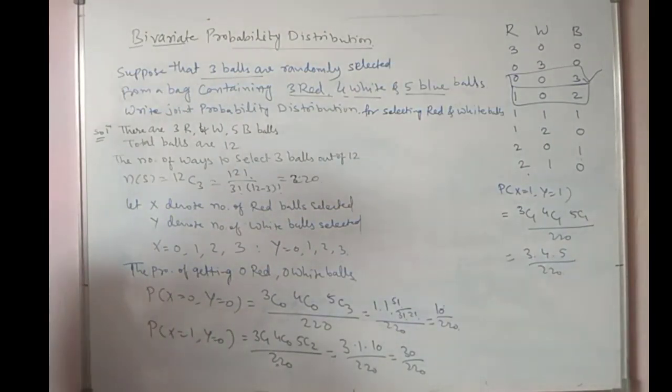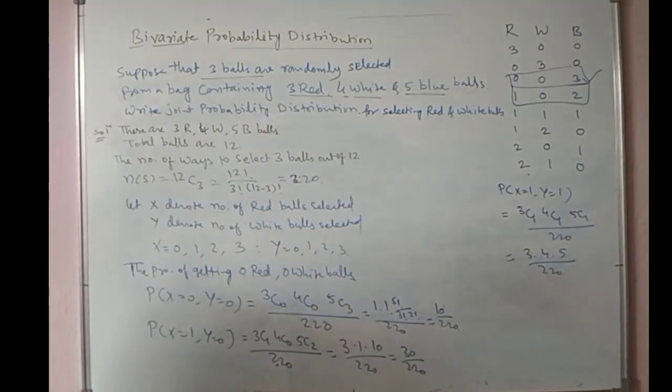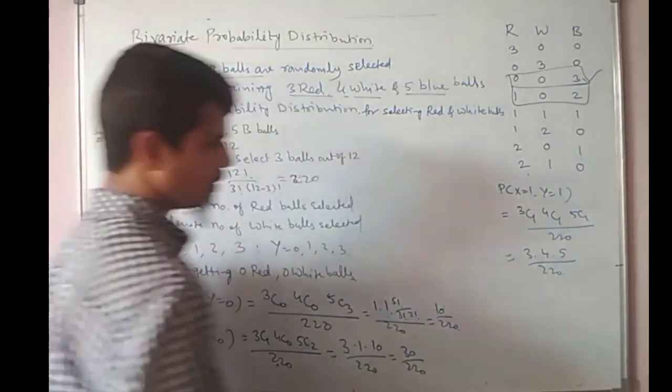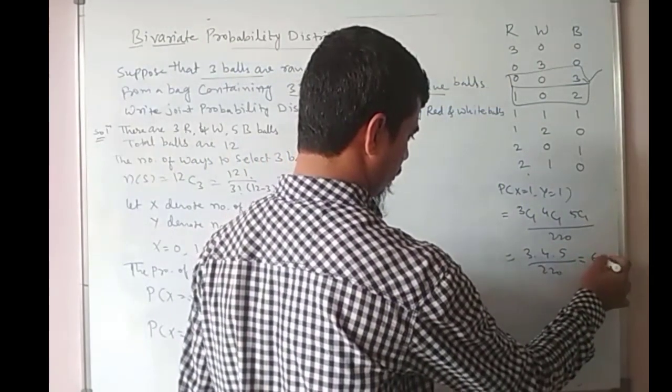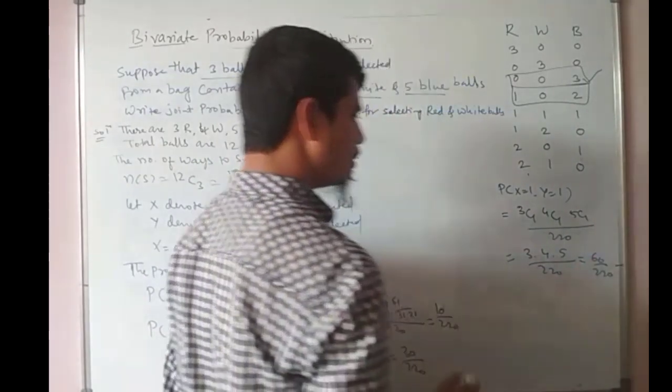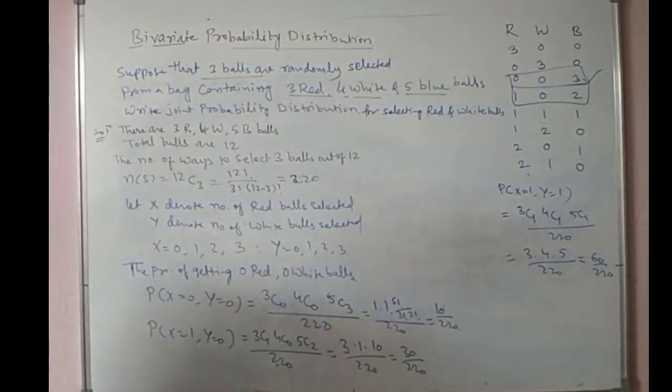You just have to evaluate this, so it's 60 by 220. In this way you have to evaluate all the possibilities.